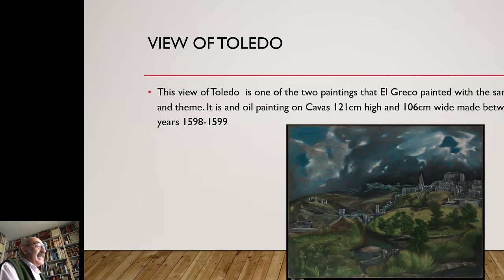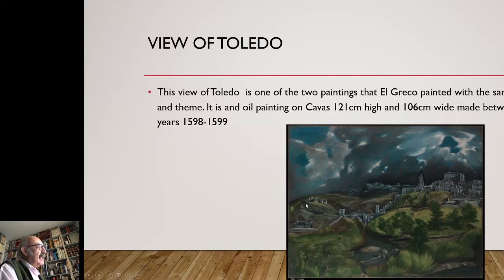As he was living in Toledo, he made a lot of paintings about Toledo, and this is Toledo in El Greco's time. If you go to Toledo now, you're going to see more or less the same image. This is the Tagus River, Río Tajo. This is Alcántara Bridge, Puente de Alcántara. This is San Servando Castle. Same today.